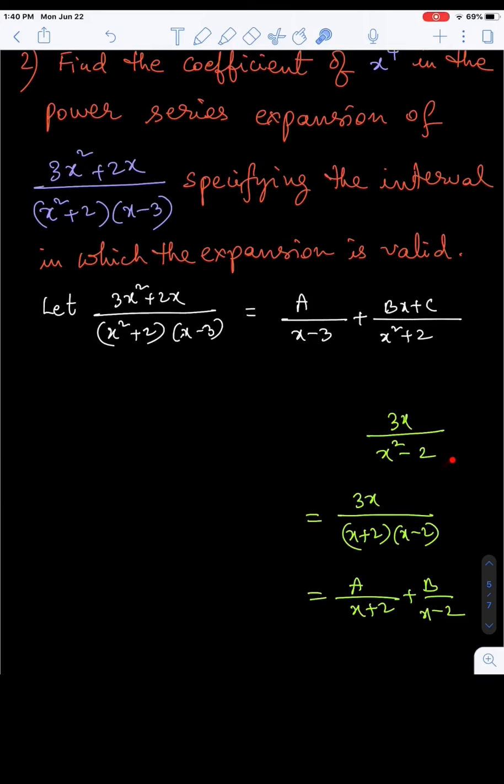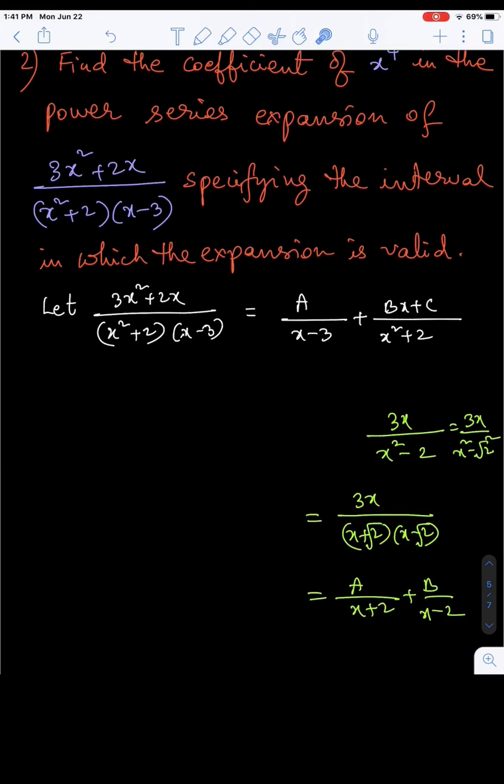What happened, children? This is reducible, and the other is irreducible. This is in the form of a square minus b square. Here I forgot to put the root; root should come. So how to write it? x square minus root 2 square.